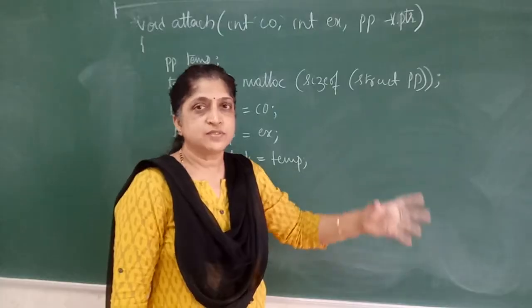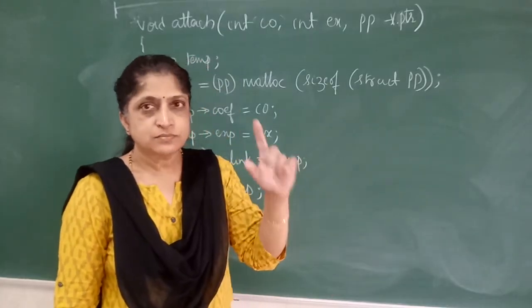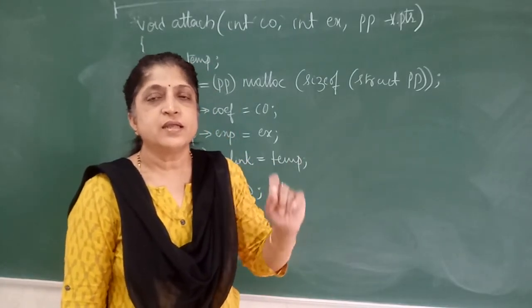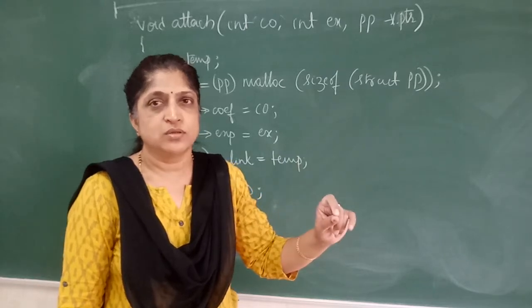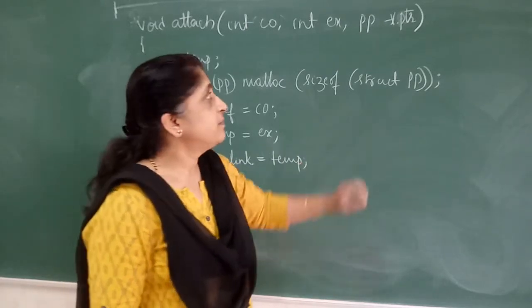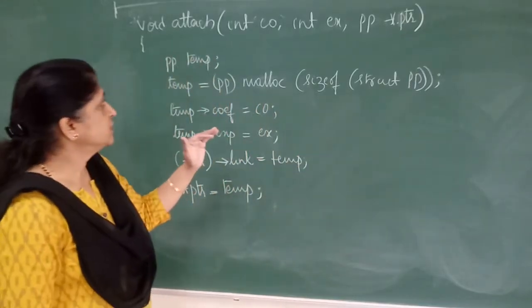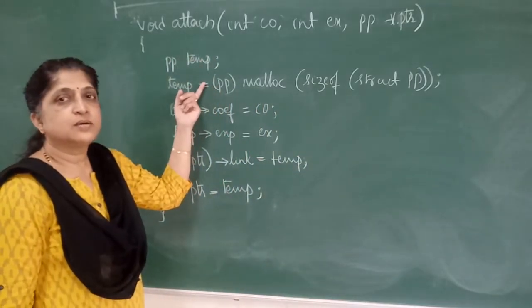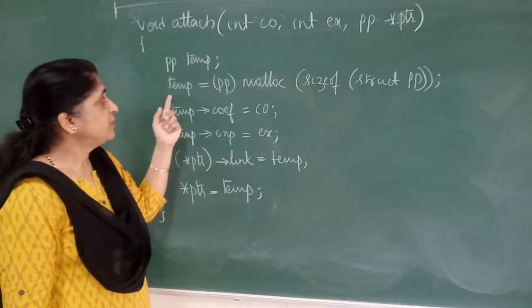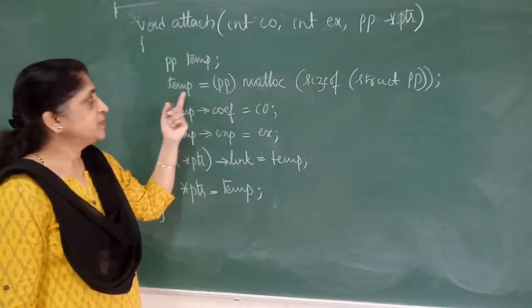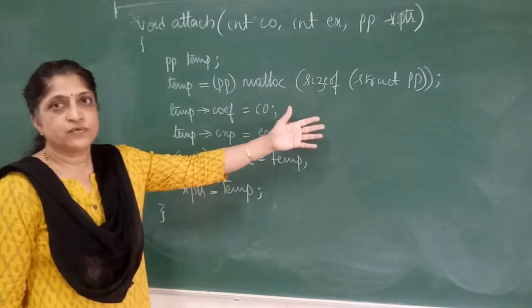So currently we have some nodes in the linked list, and a pointer to the last node in that list will be passed as an argument here. Then within this function we have temp, a temporary pointer. Then we perform malloc: temp is equal to (struct node *) malloc of size of struct node.